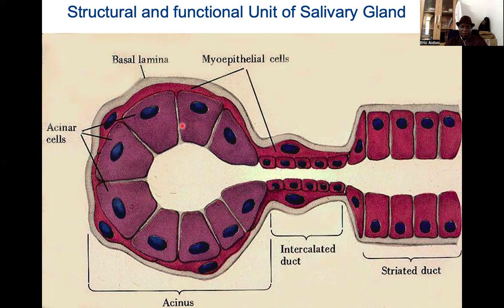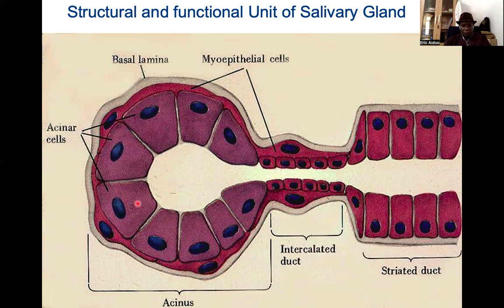We call them secretory cells. In this case, it is labeled as an acinar cell because of its shape. There are times you have a tubular secretory portion, so you won't call that an acinus. But mostly you have acinar cells in secretory units.